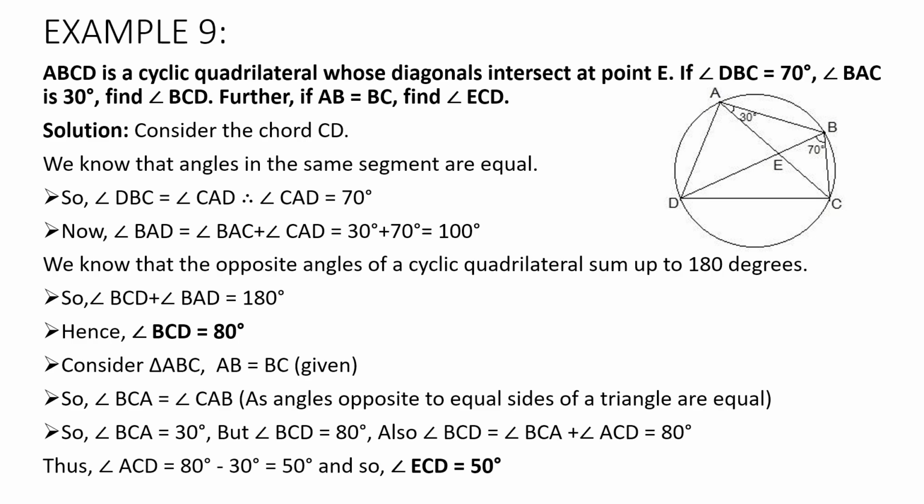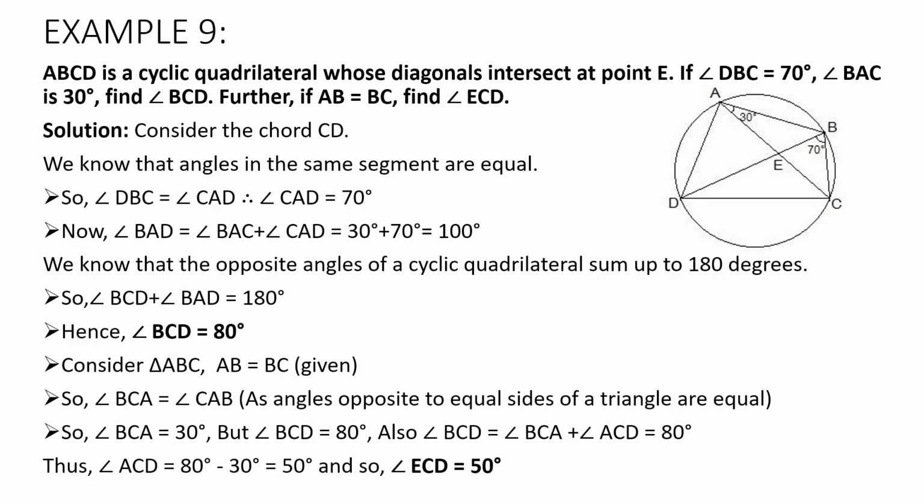Now example 9. ABCD is a cyclic quadrilateral whose diagonals intersect at point E. If angle DBC is 70 degree, angle BAC is 30 degree, find angle BCD. Further, if AB and BC are equal, find angle ECD.